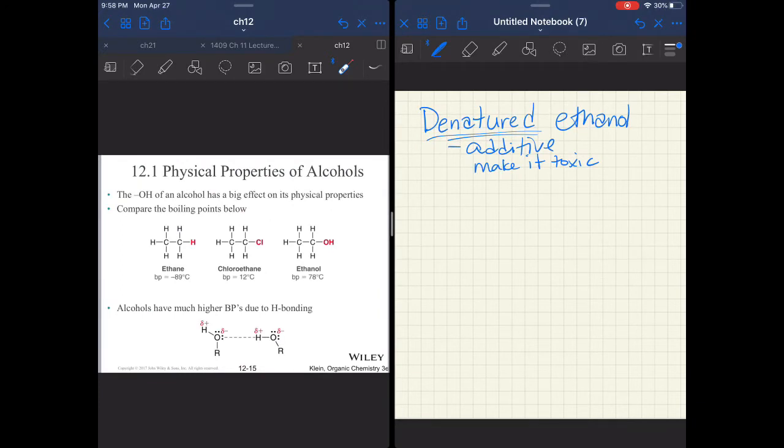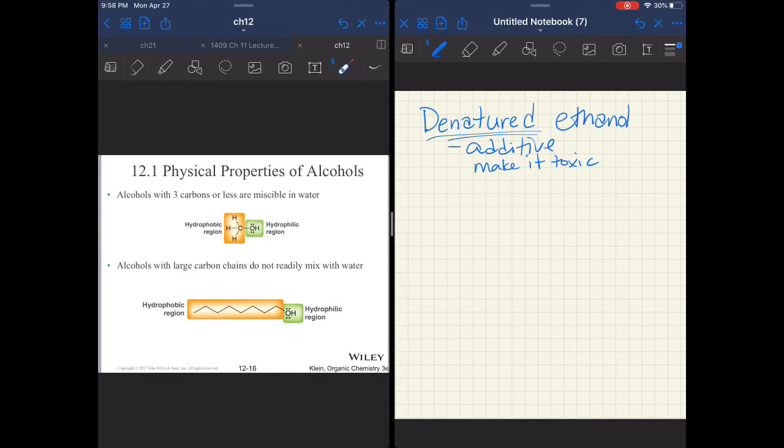When we think about physical properties of an alcohol, no surprise here because it can hydrogen bond. You're going to see the effects of the ability to hydrogen bond. You're going to see much higher boiling points compared to other compounds of similar sizes.